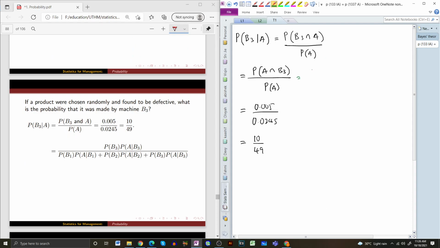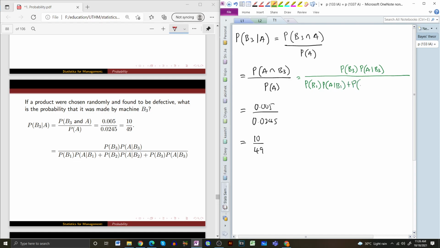A B3 is actually ... and PA. This is PA.